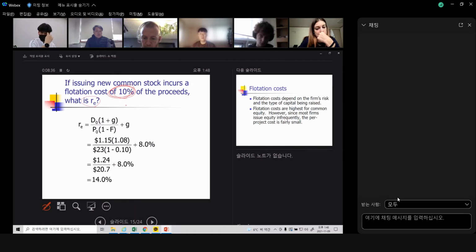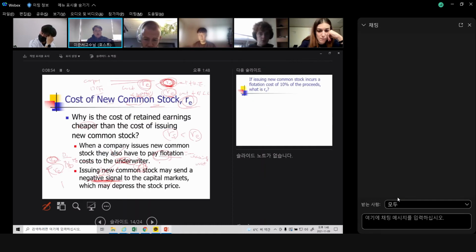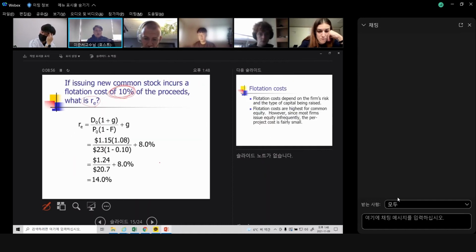Both if we use the DCF or CAPM, we figured out RS is 13.4%. Then what happens if the flotation cost is 10%, and RS was 13.4%, right?